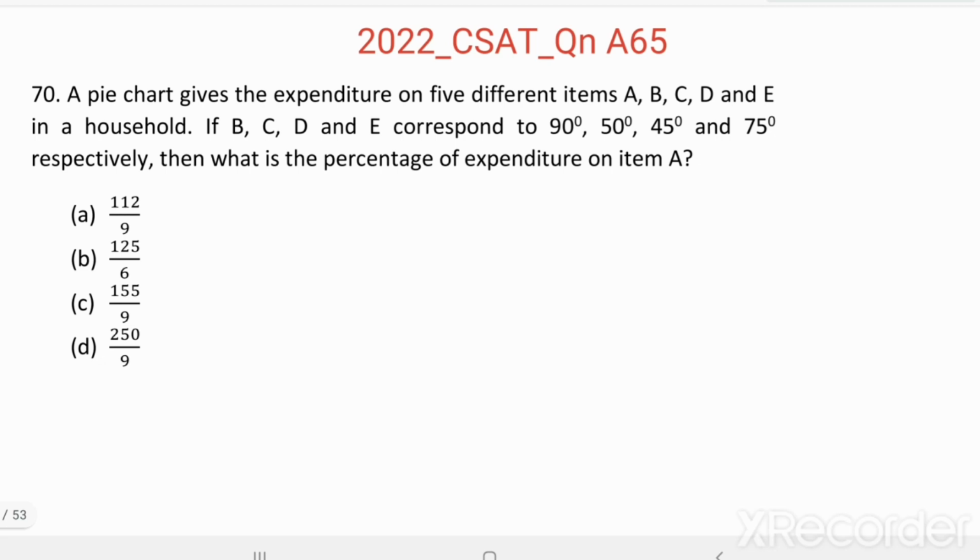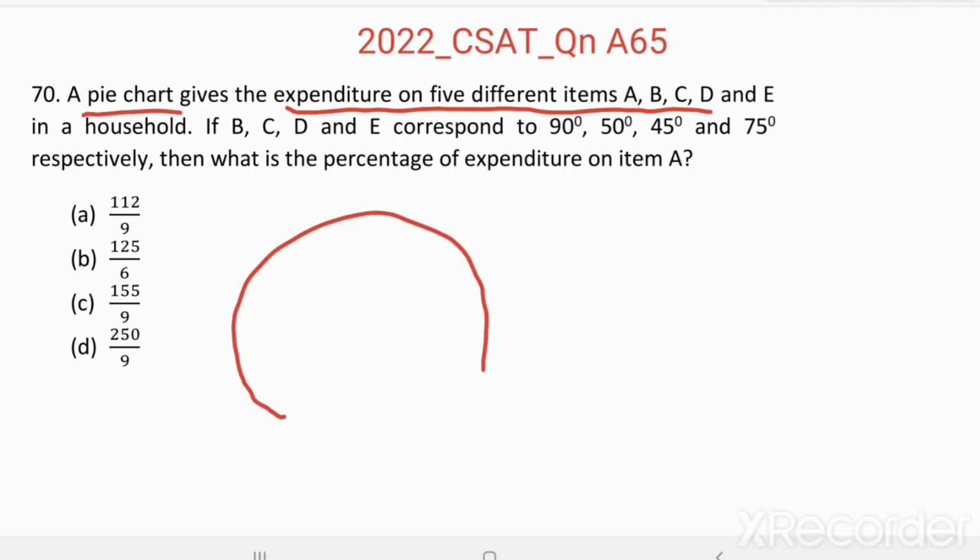Here, expenditure on 5 different items are represented on a pie chart. So what is meant by pie chart? Representing data in a circle. Here, the included angle around this center of the circle equal to 360 degree.